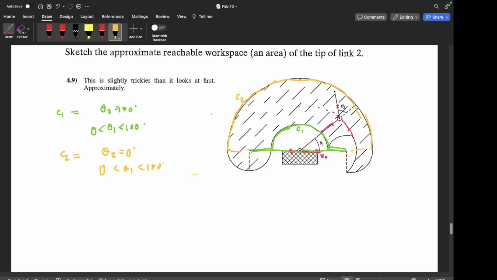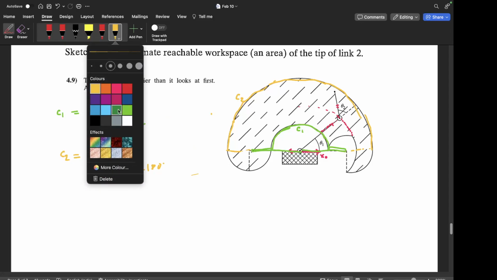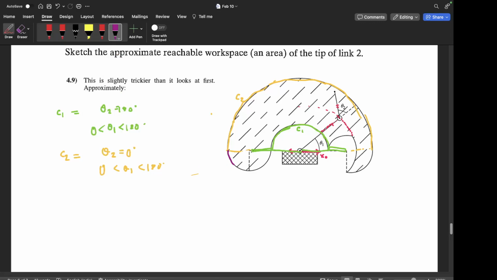Now let's go on to the interesting parts, the parts which are slightly involved. So first let's look at this feature on the left hand side, this one, right? This violet one which I am drawing, C3. So imagine how would this edge be created.